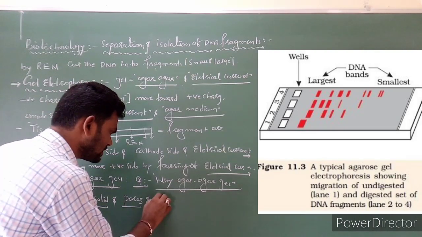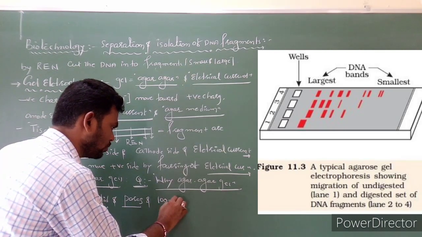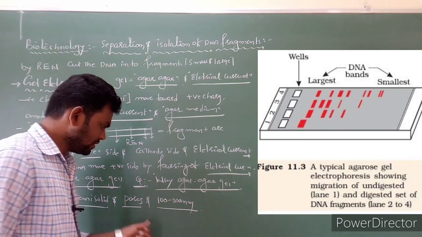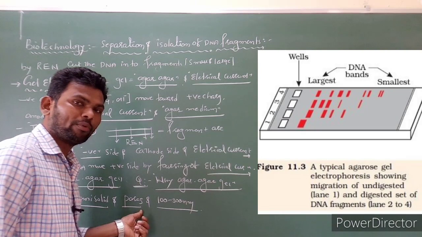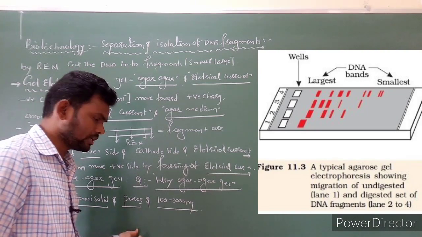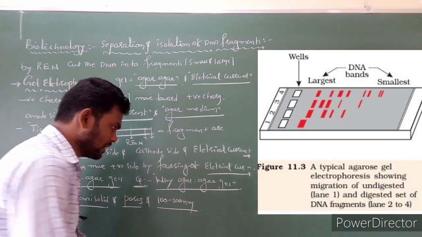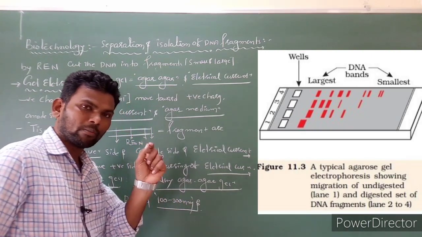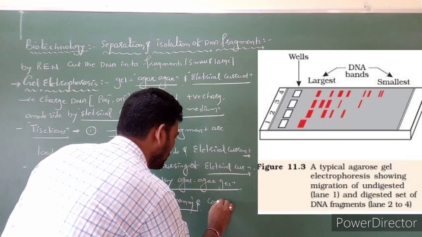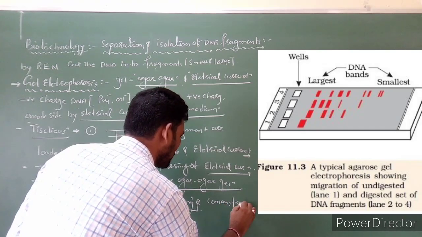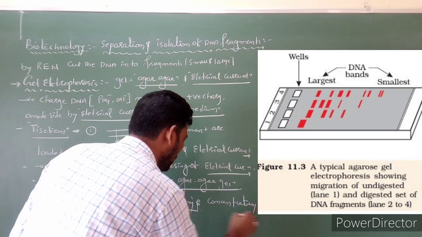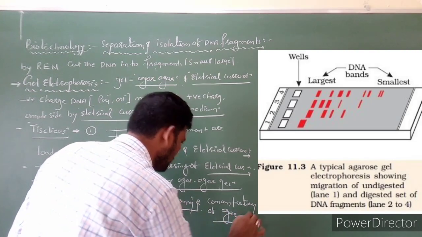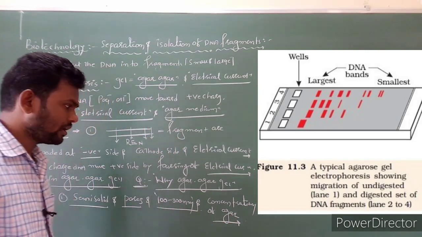The pore size is nearly 100 to 300 nanometers. This pore is enough for the movement of DNA molecules from the negative side to the positive side. The pore size depends upon the concentration of agar.